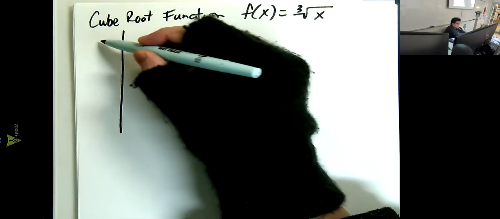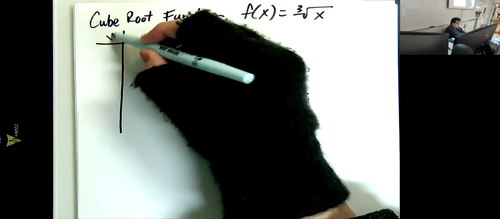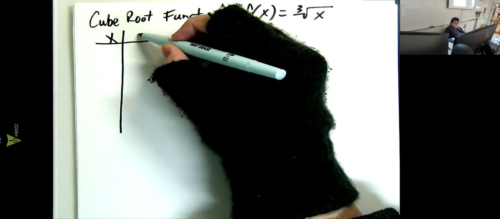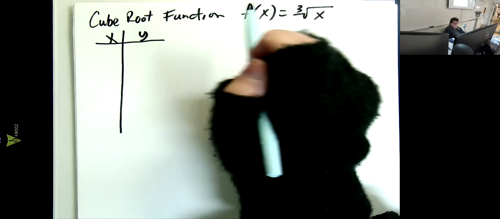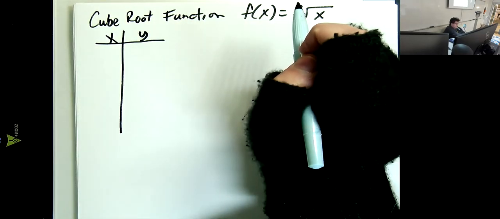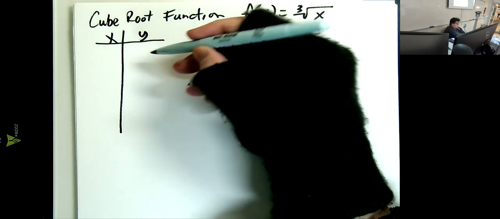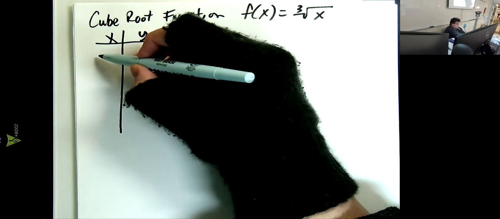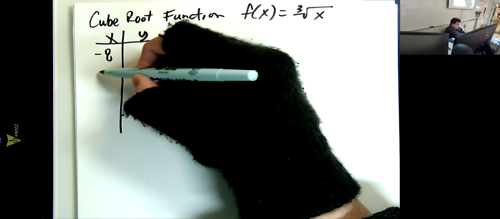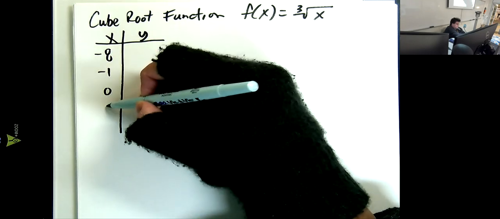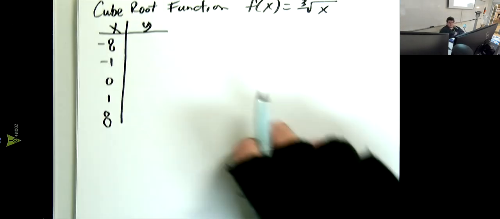So we want to do the same table that we've been doing before, but we want to plug in values that have good cube roots. So we're going to pick values that are cubes and see if we can do it.